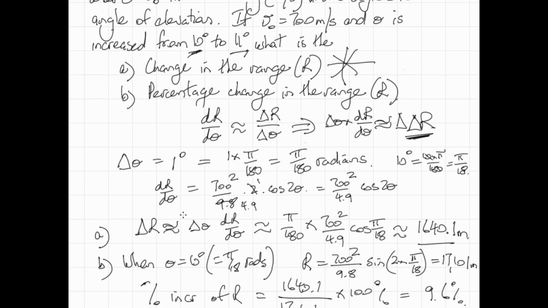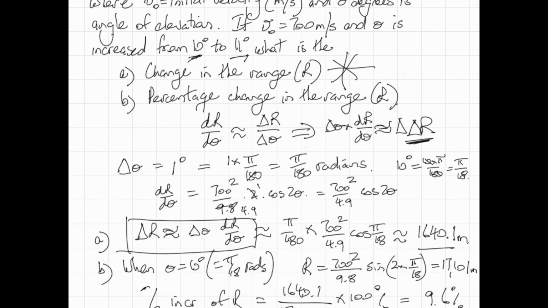Find dr d theta, and we can then quote the small change rule and substitute in values to find out what the change in the second variable is. So this is increased by pi over 180 radians, so that would increase the range by 1640, and then we can work out the percentage change.